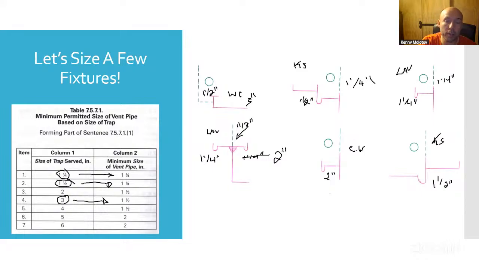But if you're running two lavs, their vents are both 1.25 inches, so you can run it at 1.25 inches. Clothes washer is 2 inch, so we have a 1.5 inch vent. Kitchen sink again is a 1.25 inch vent. Okay, does that make sense so far?